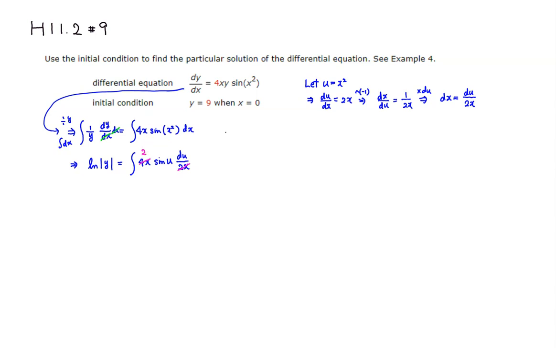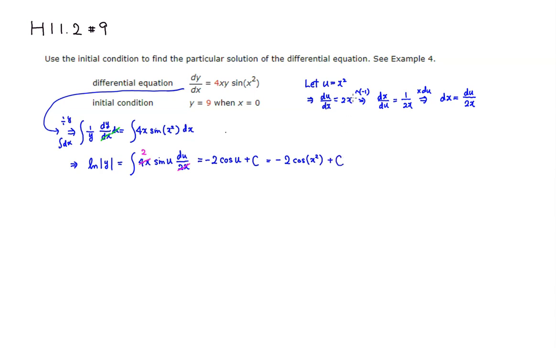The antiderivative of 2 sine of u with respect to u would be, actually it's going to be negative, so negative 2 cosine of u, plus some constant. Then I put x squared back in for u, so this is negative 2 cosine of x squared plus some constant c.